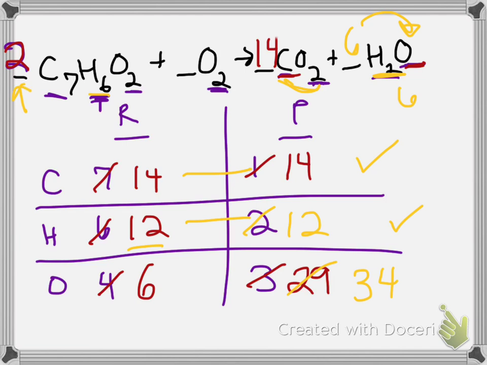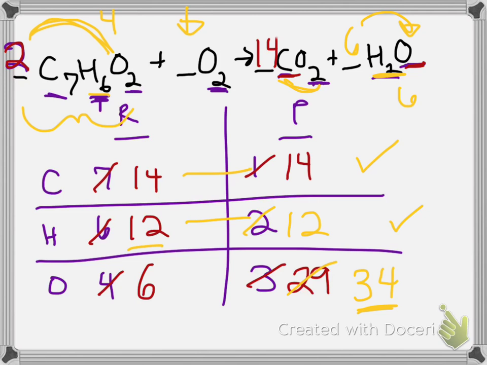So we need more oxygens on our reactant side. If we mess with this coefficient, we would change the number of carbons and hydrogens. But carbon and hydrogen are already balanced, so we don't want to do that. So we're going to put something here for this coefficient, for that oxygen. So we need to get to a total of 34. Right here, we already have 2 times the O2, so that's 4 oxygens from this compound, so we need 30 more.